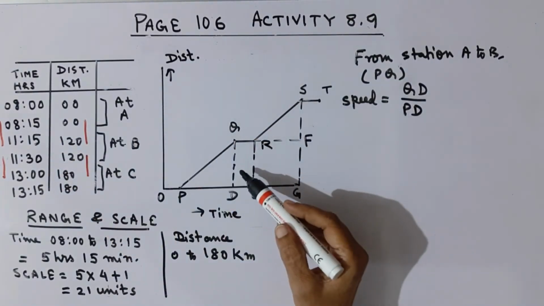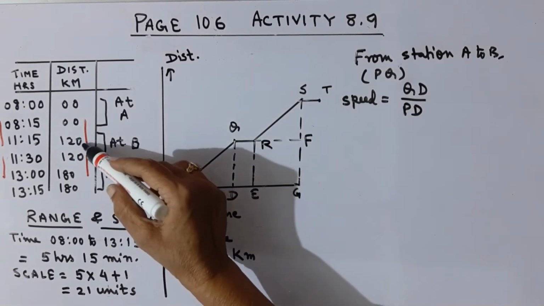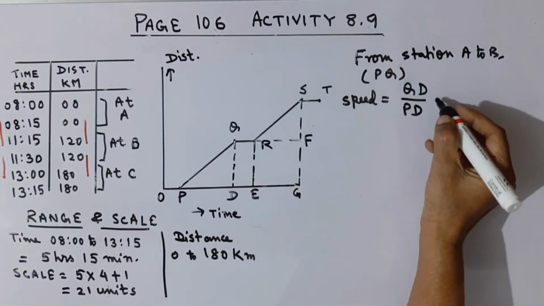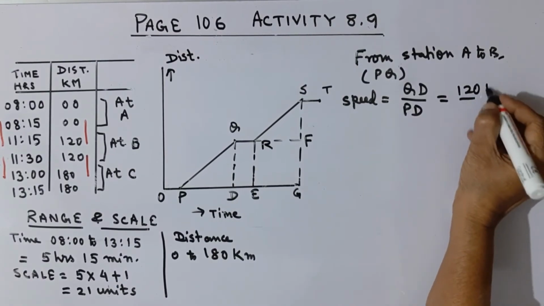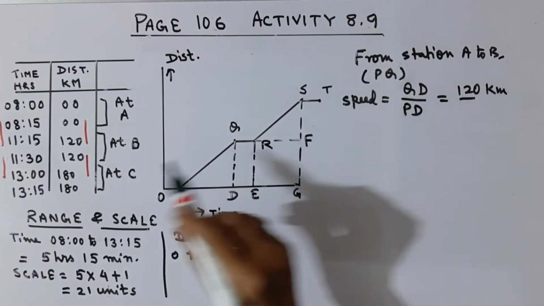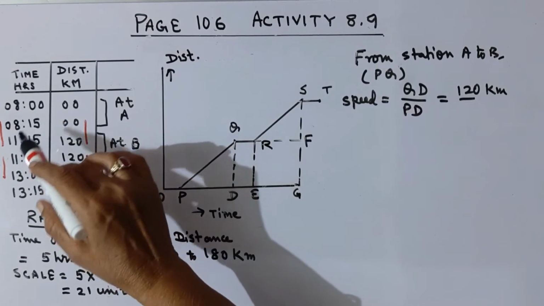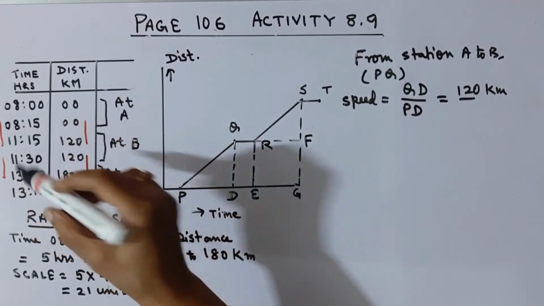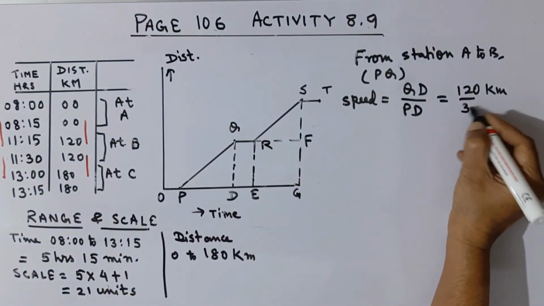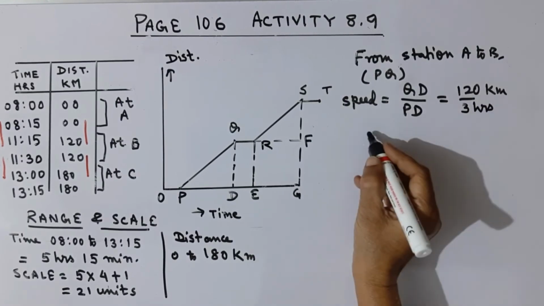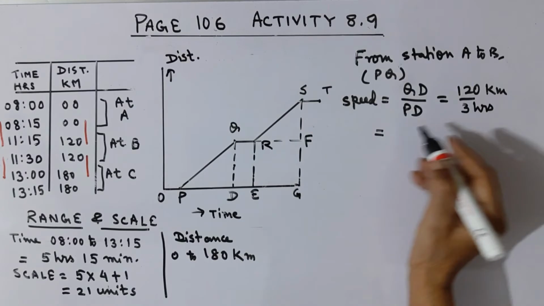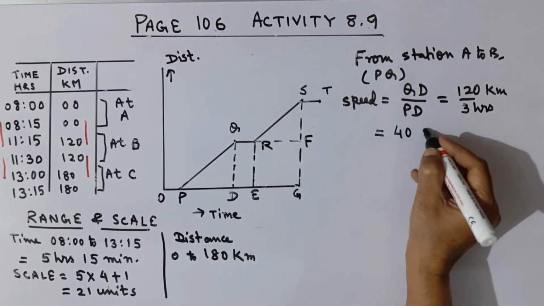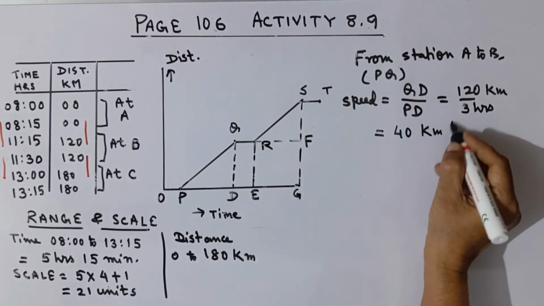QD denotes the distance. This is 120 minus 0, 120 kilometers, and time is from 8:15 to 11:15, that is 3 hours. So the speed is 120 upon 3, that is 40 kilometers per hour.